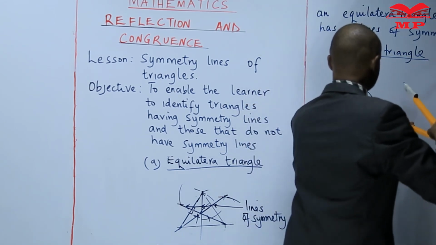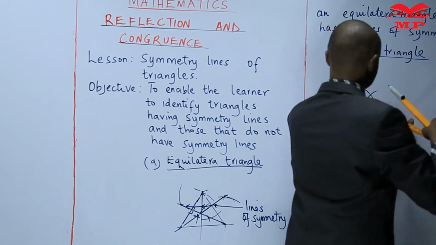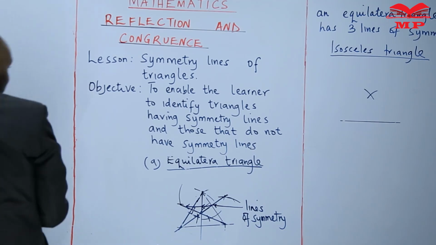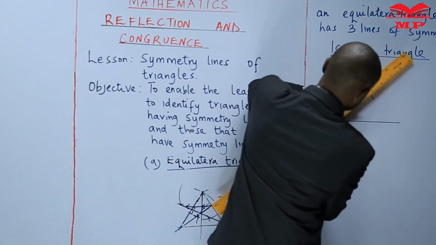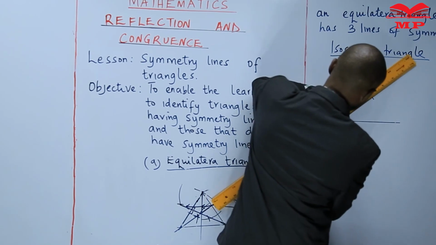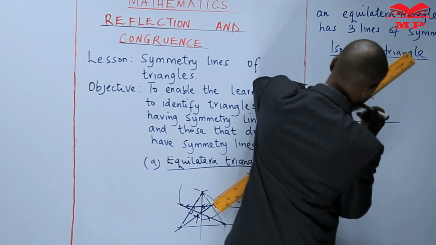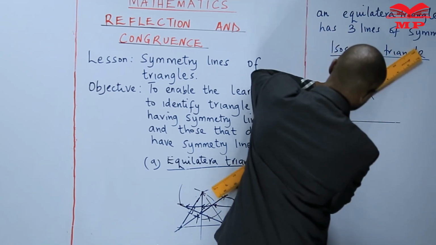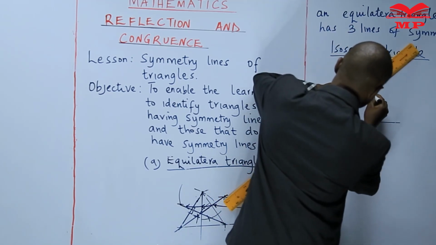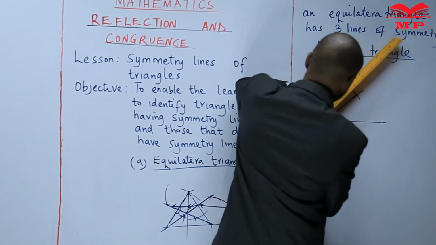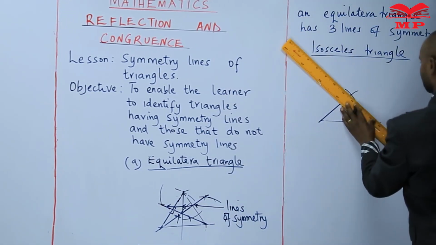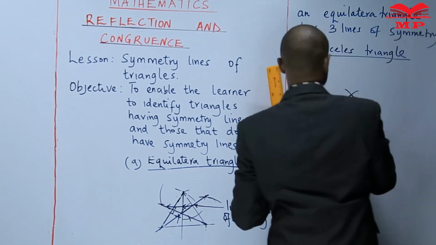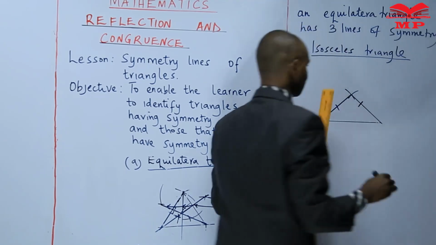Come and choose that. Join. So that is isosceles. This side is equal to that.